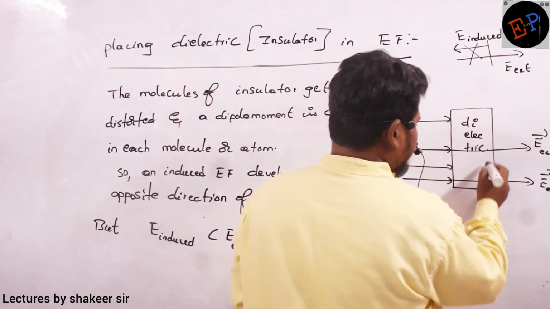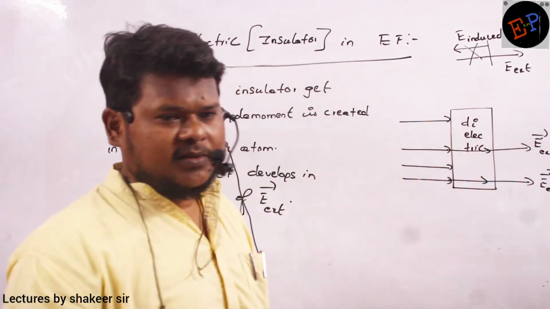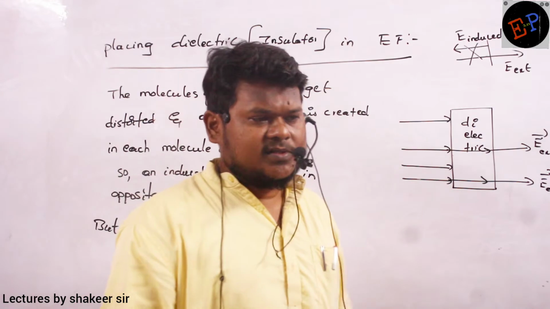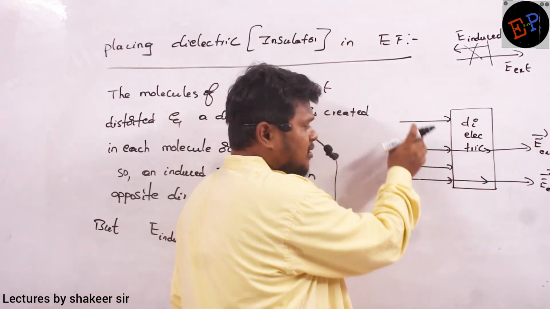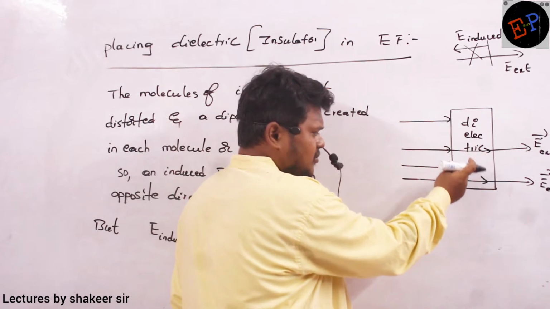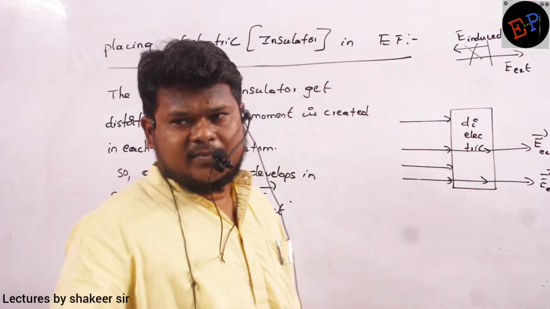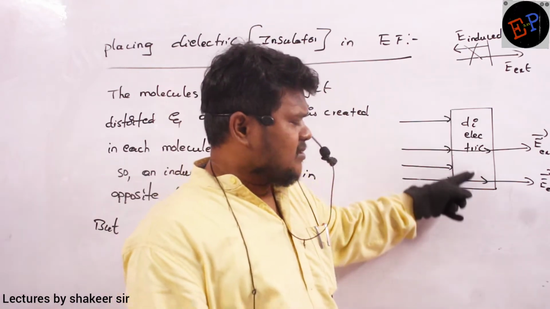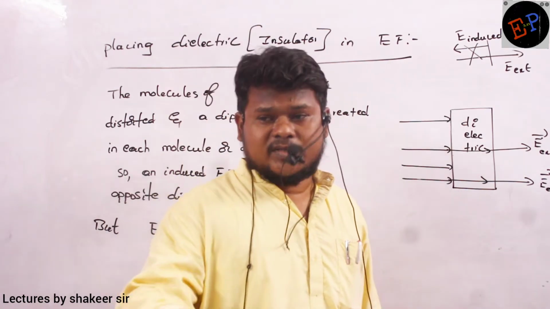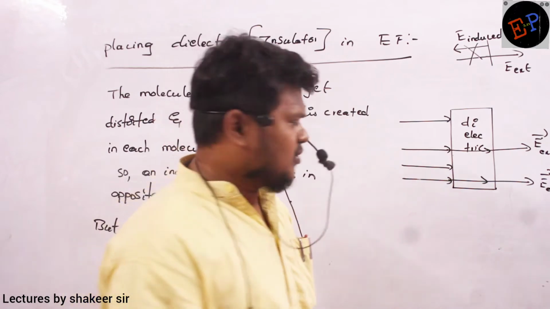Are you able to understand, ma? I can draw the diagram like this, no? What is the meaning of this diagram? There are many electric lines which are trying to enter, but out of them only a few lines are able to enter. What is the meaning of it? It means that strength of electric field inside the dielectric has reduced. That is the meaning of this one. Are you able to understand, ma?